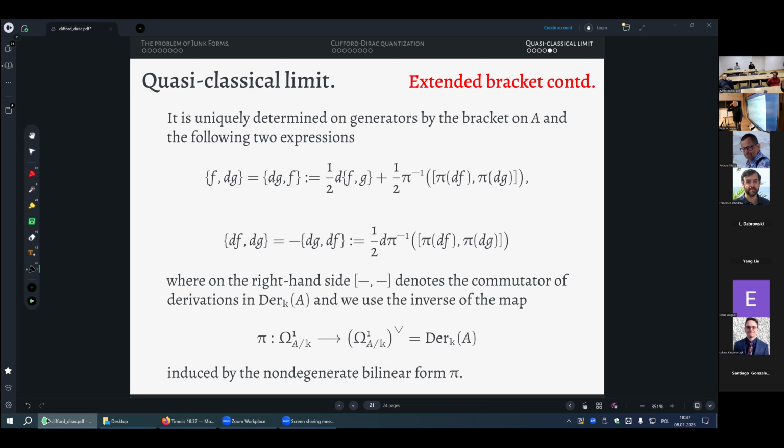And now let's try to understand this from the Poisson analogy point of view. Imagine that Y is symplectic. What is this? It is zero. In Poisson geometry, this is zero. In symplectic geometry, it is zero.